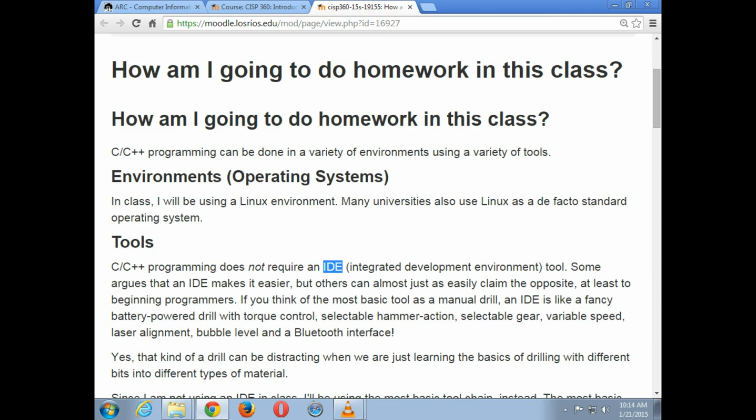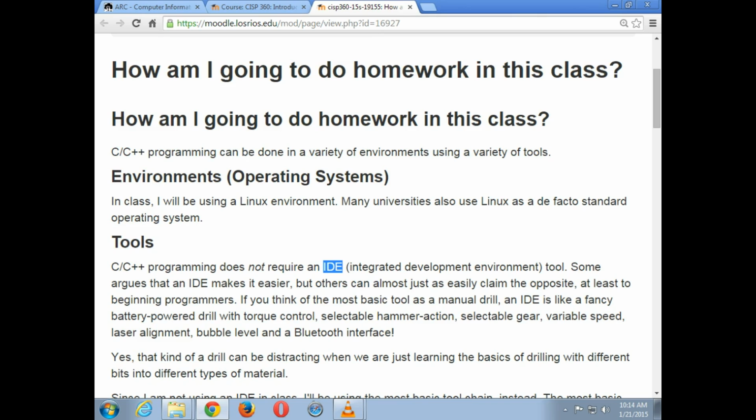An IDE is like going to Home Depot and asking the associate to show you the fanciest DeWalt power drill. You look at that drill and it's like, wow, it's got LED for the lighting. It has lithium-ion batteries. It's got torque control, hammer drill switches, and so on and so forth. That's your IDE.